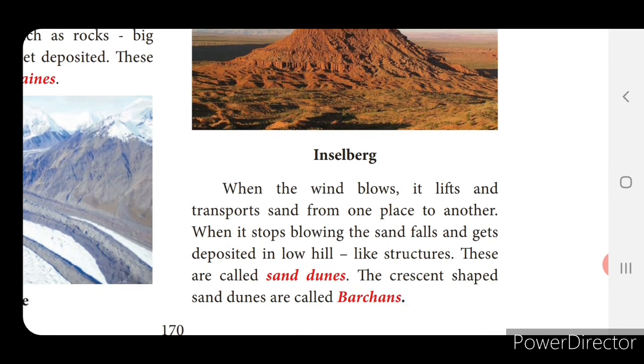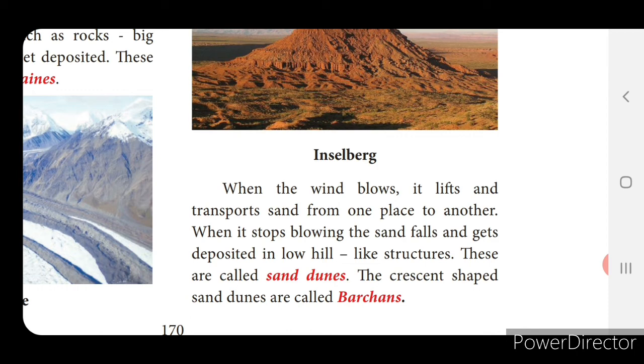When the wind blows, it lifts and transports sand from one place to another. When the wind stops blowing, what happens?